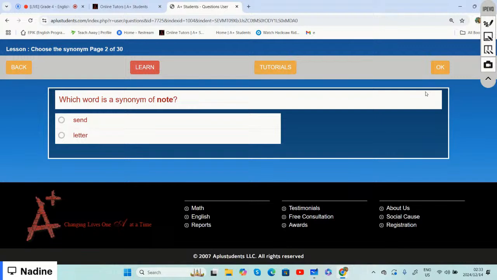What is a synonym or another word for note? A note. I sent a little note to my friend. Is it send or is it letter? Send option one or letter option two?